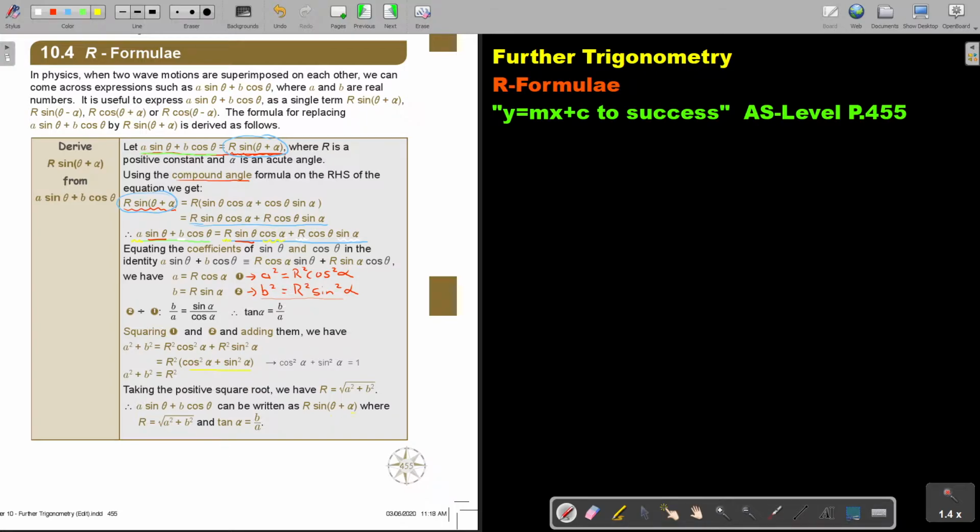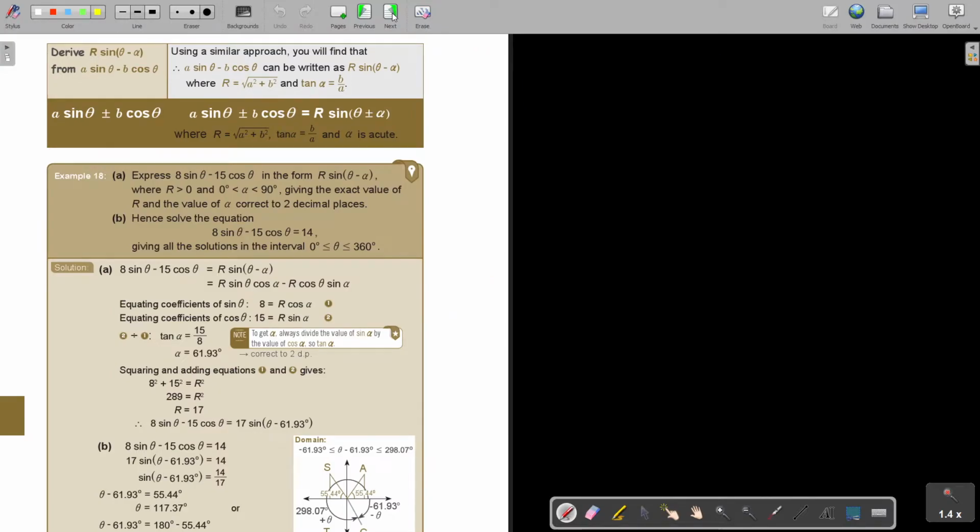Sometimes it's better, so I'm going to show you the other way, and then I'm going to show you an example. It's always better to understand the formula, how we derived it.